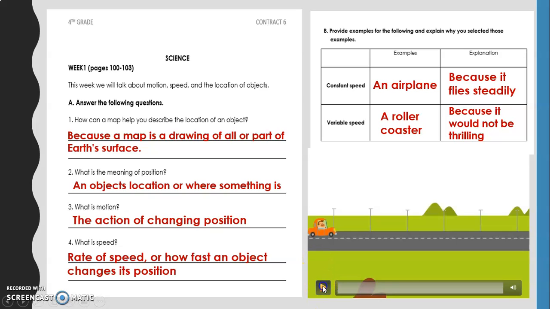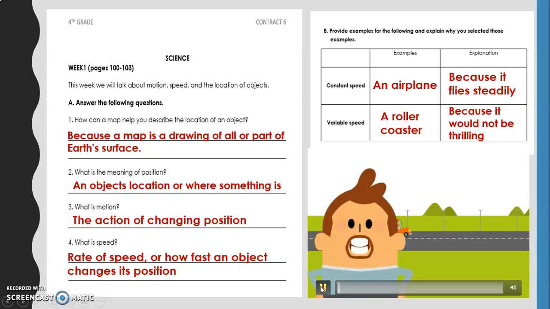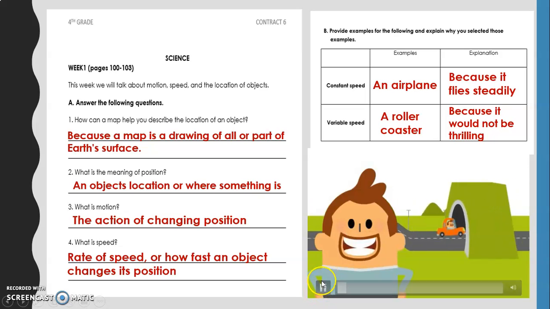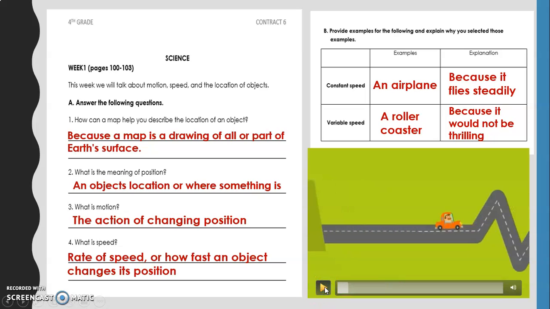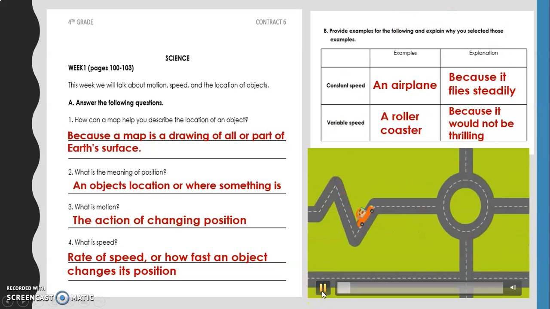Let's pay attention. Motion is a change in position. Motion, what is motion? It's a change in position. Like forward, backward, up, down, and through. You see the different kinds of motions. Up, down, and through. Remember, we have linear position. It can go on zigzag, it can go straight, it can go curved, or like a merry-go-round, a roller coaster. Things can zigzag or go straight. Even circular is great.